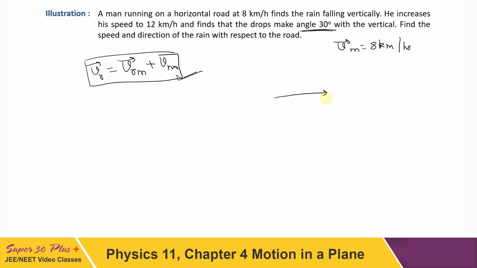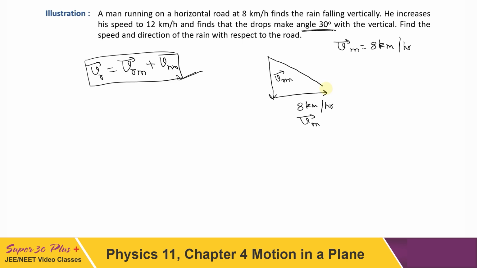So this is the velocity of man in the first case, when it is equal to 8 km/h. And at this time, velocity of rain with respect to this man is vertical. So let this be the velocity of rain with respect to man. This one, 8 km/h, is the velocity of man.